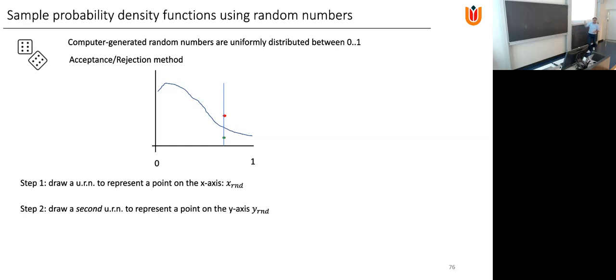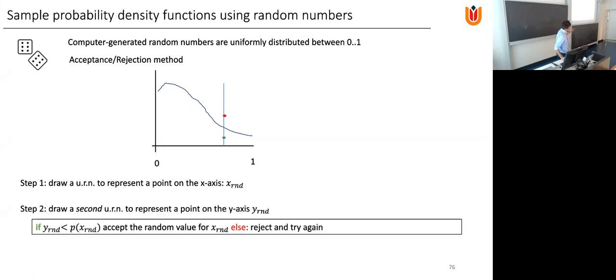I would then place this point in the graph, and I would see if it falls below the curve or if it falls above. If it falls below the curve, then I accept the random value and work with my random x, and else I will reject it and try again. So I will only take the values that fall below the curve.